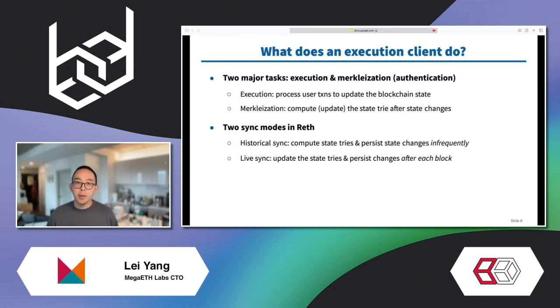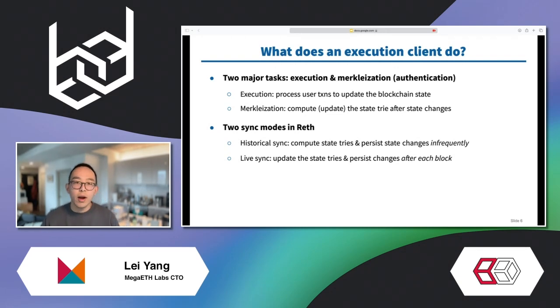Reth works in batches of blocks. For each batch, it first executes the transactions, gets the new state, and runs merkleization, and finally saves everything to the disk. There are two modes in Reth that differ in how large batches they use. One is historical sync, which people use when syncing from the Genesis block for the first time.